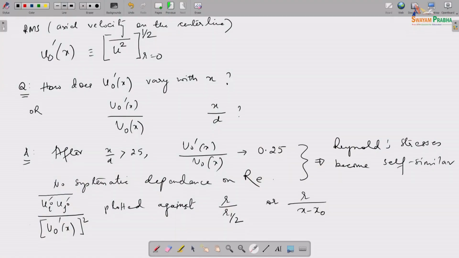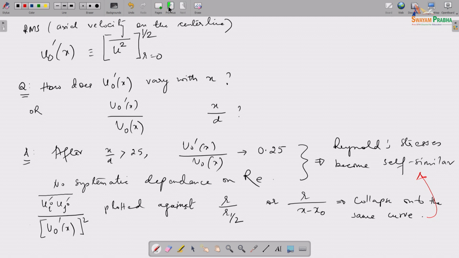So, essentially if I plot this against this or this, they collapse onto the same curve, which essentially means that they are self similar. Okay.